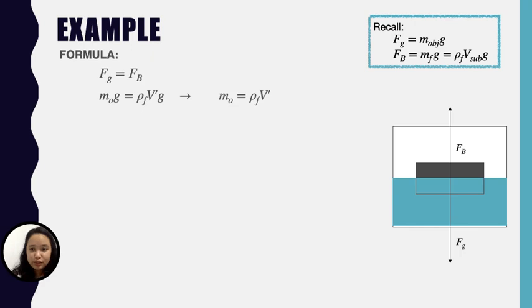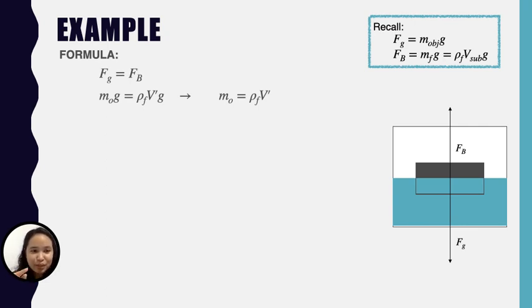So we substitute these into our equation, and you will get mass of the object, or MO, times gravity is equal to density of the fluid times V prime times gravity. Why V prime? If you recall, in the given, we let V prime be the volume of the submerged block of wood.